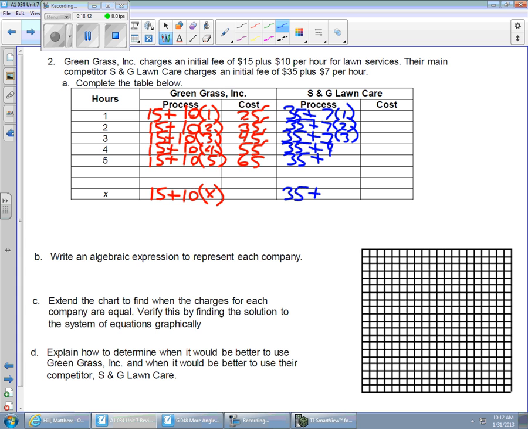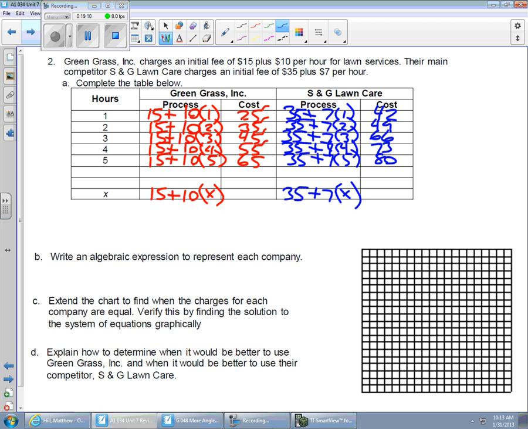The fact that my board is not writing where I want it to write is not helping me out much either. And the cost from there, $35 plus $7, 42. $35 plus $14 is 49. 35 plus 21 is 56. It's going to go up 7 from there every time.